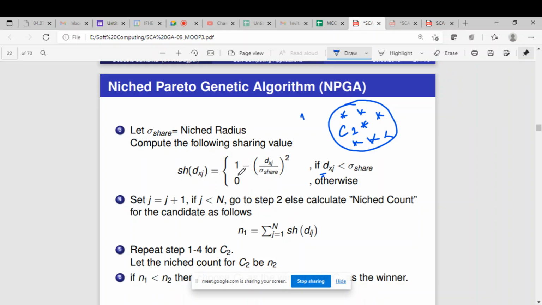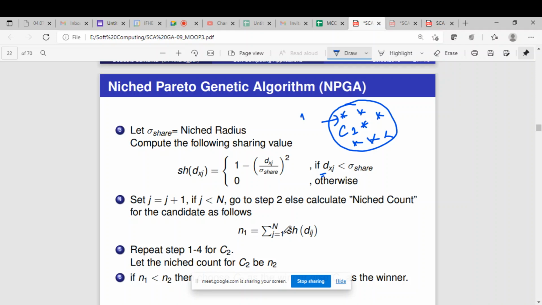Okay, so you can see it just checks whether an individual is in this area or not. If it is not in this area, it will be 0. If it is, what is the probability of an individual lying in this area, that is what it calculates, 1 minus this, right? So finally we add all those probabilities.